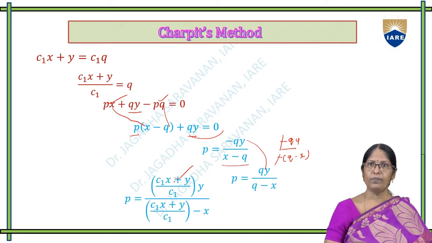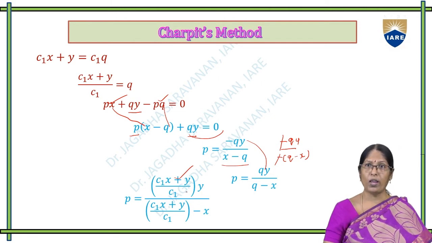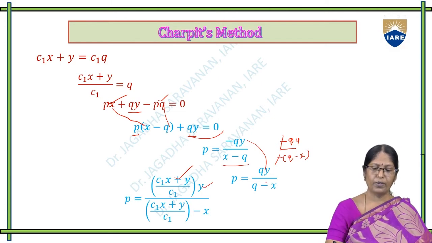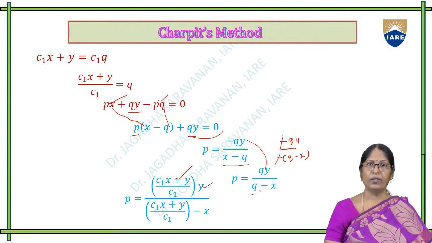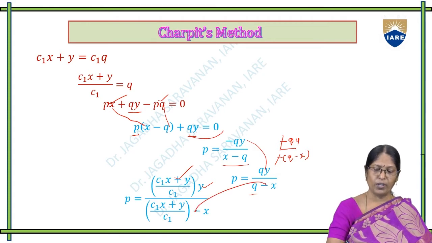That is c1x plus y by c1 times y. Here we are substituting c1x plus y divided by c1, and this minus we are substituting here, minus x.